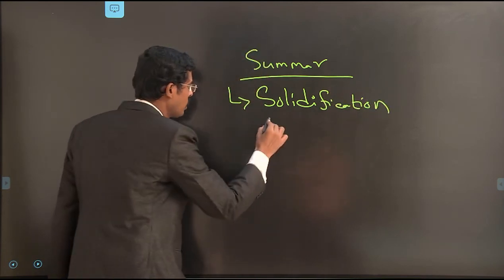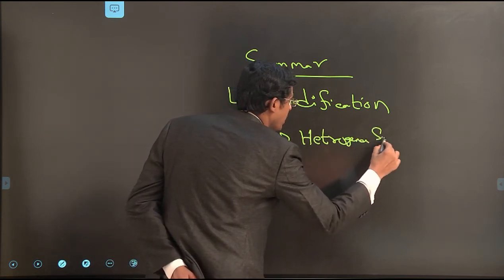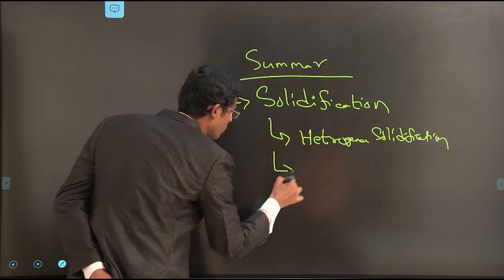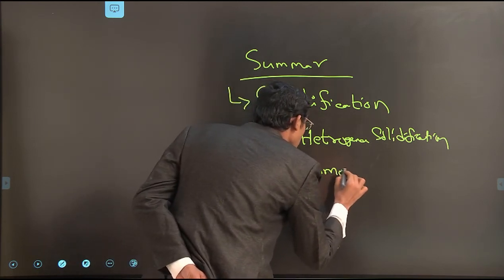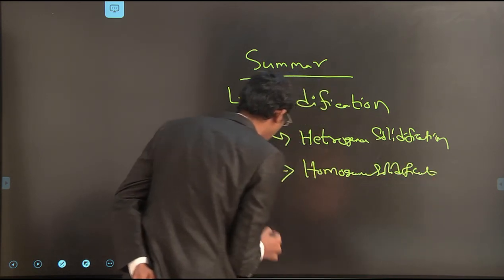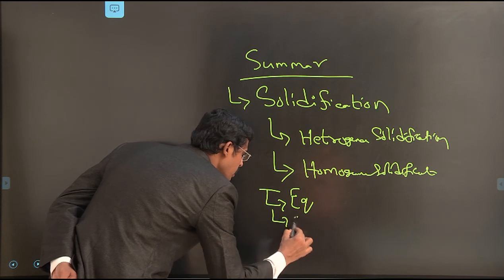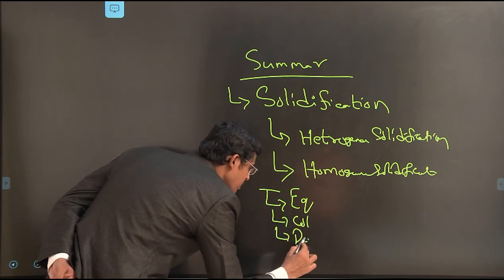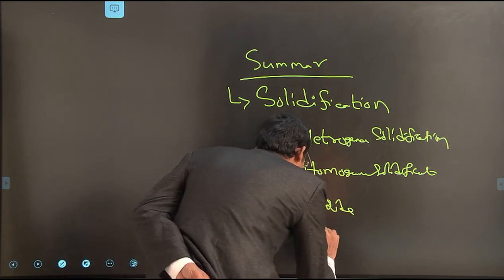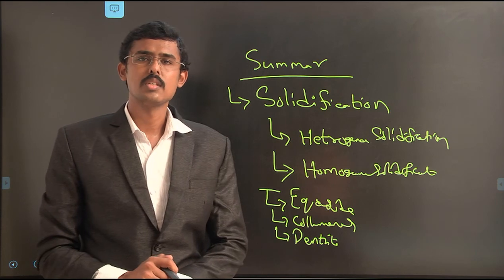We have talked about heterogeneous solidification, and also about homogeneous solidification, and we have seen the structures of equiaxed, columnar, and dendrite. The remaining part of the subject we will see in the next class.